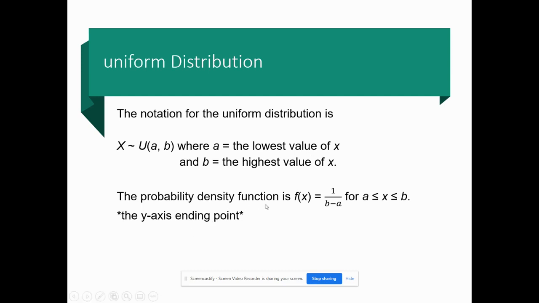So the probability distribution function of f of x is 1 over b minus a, for a is less than or equal to x is less than or equal to b. The y-axis ending point is what we're looking at for the 1 over b minus a.